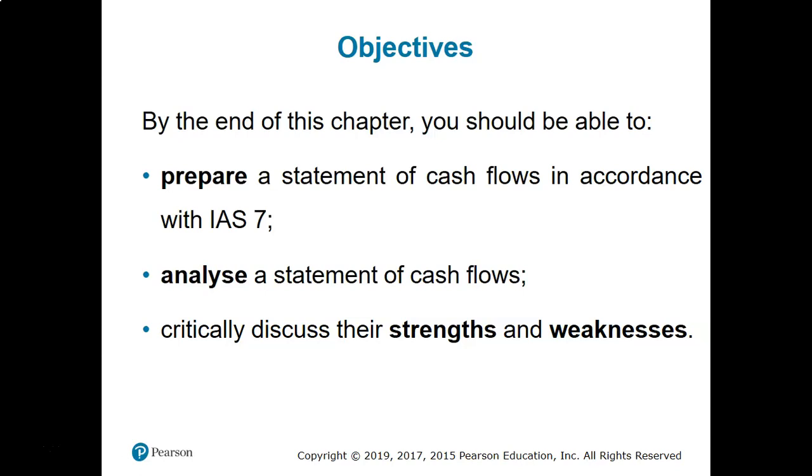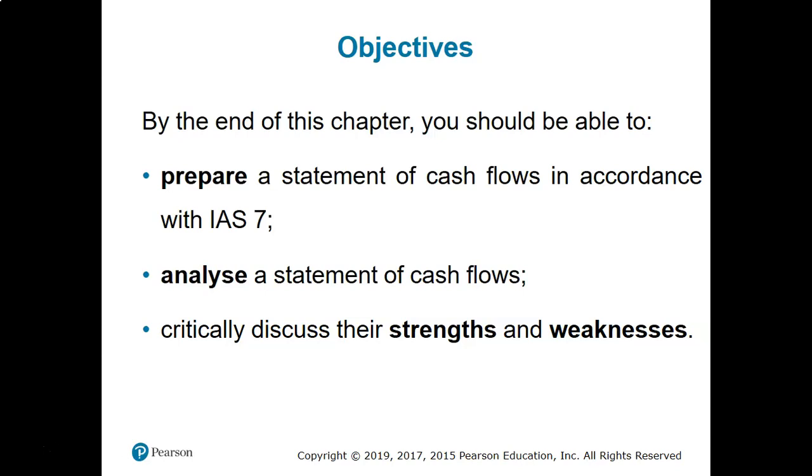We'll also be able to analyze the cash flow statement and understand what the sources of cash flows are and what the ways are in which an organization disburses its cash.